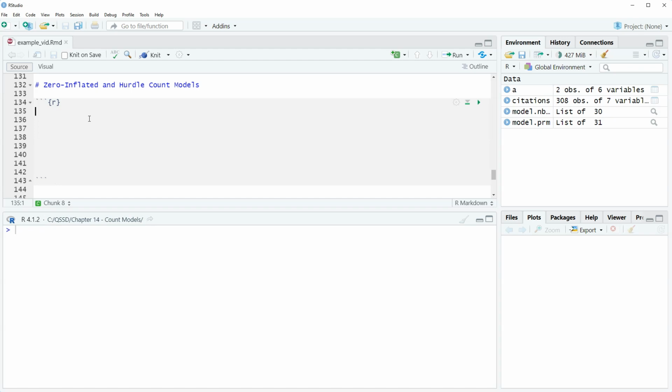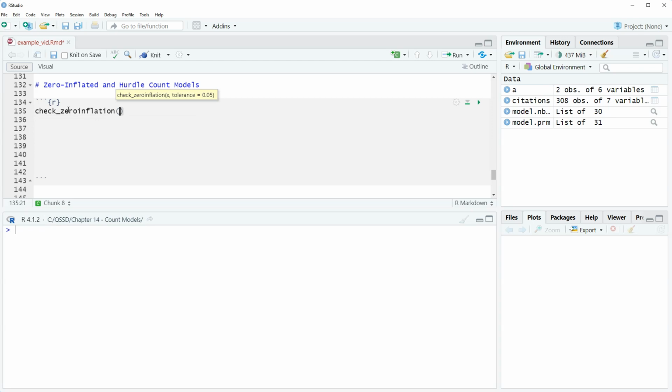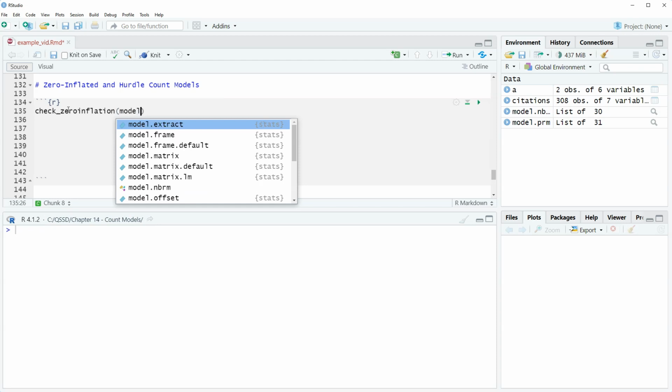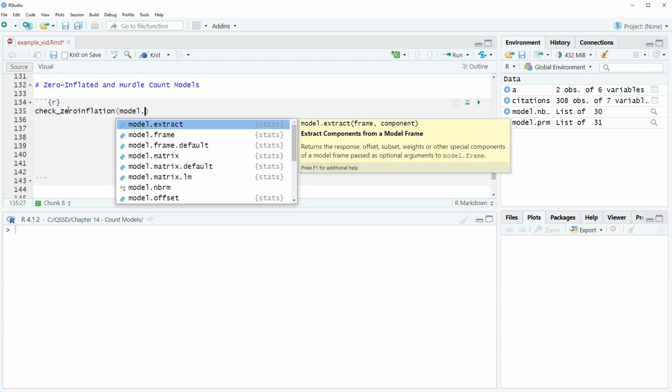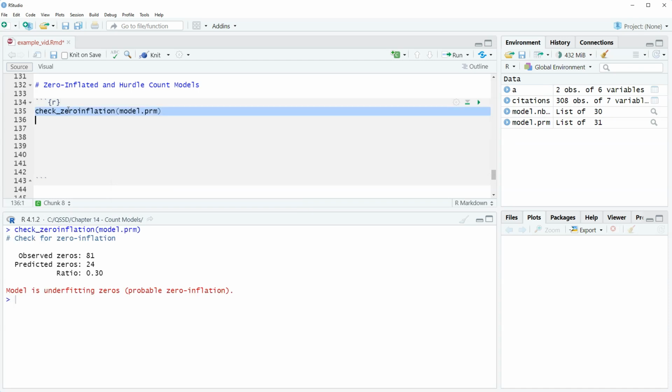By adequately handling them, we're talking about: does the model predict close to the number of observed zeros we actually see? So is the observed and predicted zeros close? We're going to use the check zero inflation function that we used earlier, and include our saved model, model.prm. Okay, so let's run that.